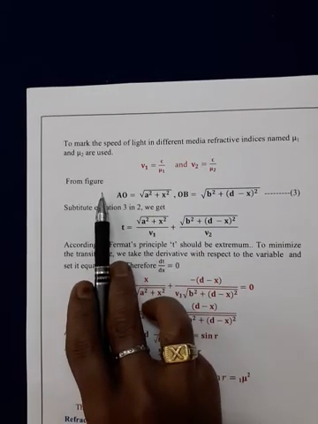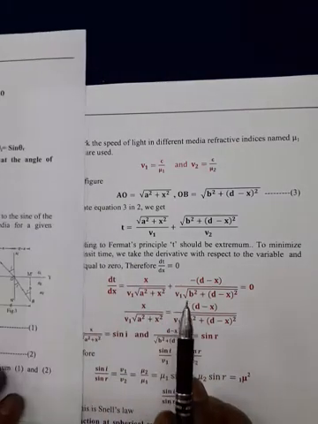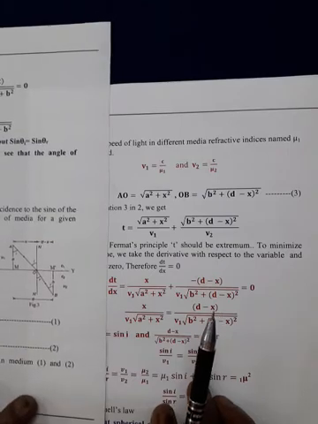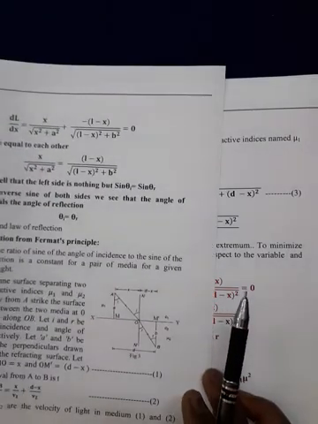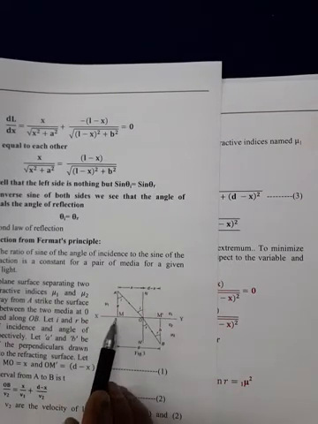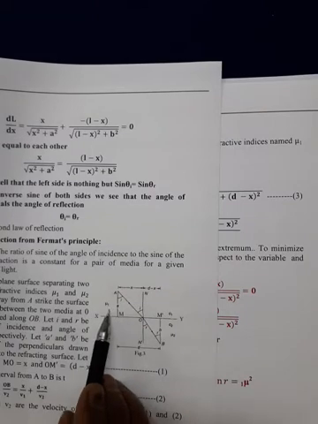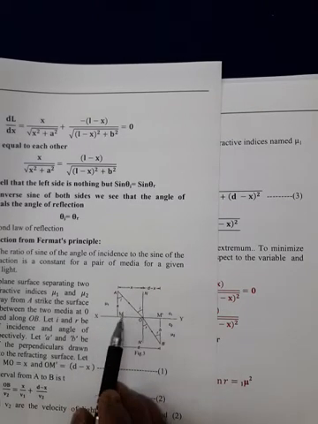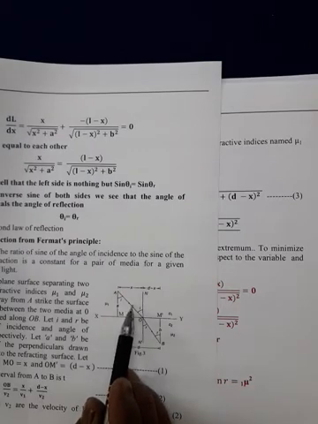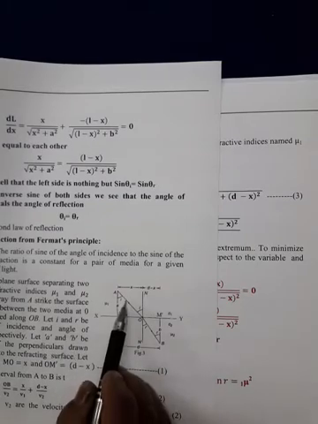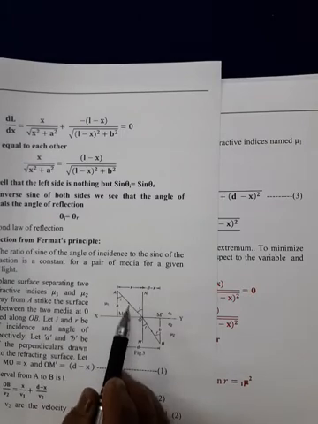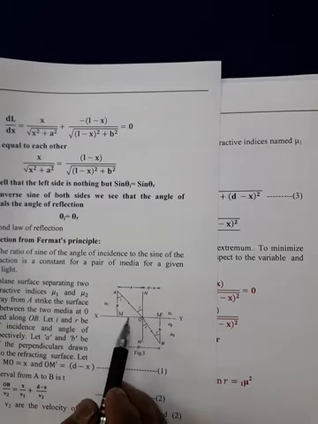From the figure we can say, if you know the value of this length a, and this length is x, then this is the hypotenuse. By applying Pythagoras theorem, AO is the square root of a square plus x square.